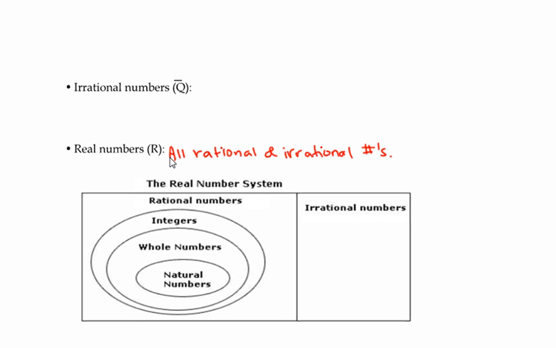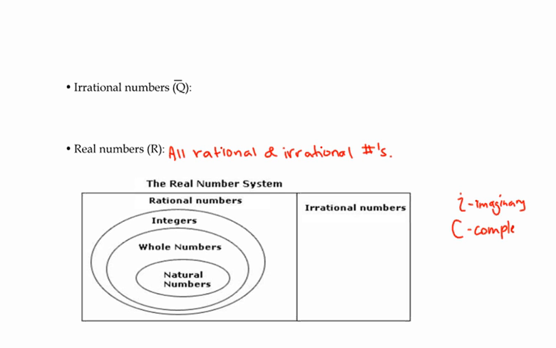So a number that's not a real number is called an imaginary number, or a complex number. That's a little bit different. An imaginary number is when you try to take the square root of a negative number. Imaginary or complex numbers are either I for imaginary, or C for complex, okay?